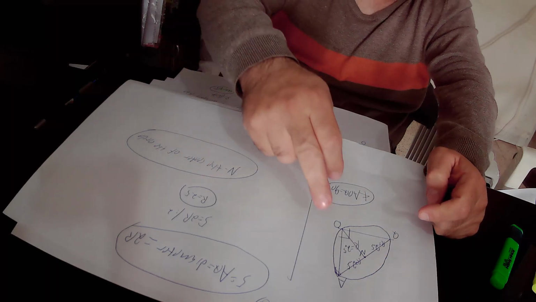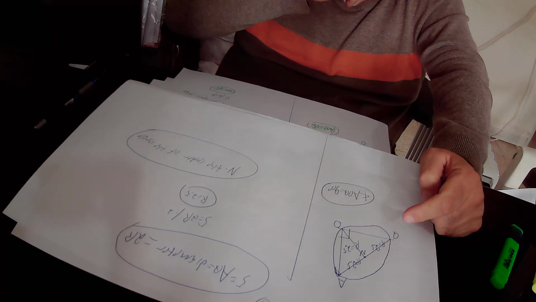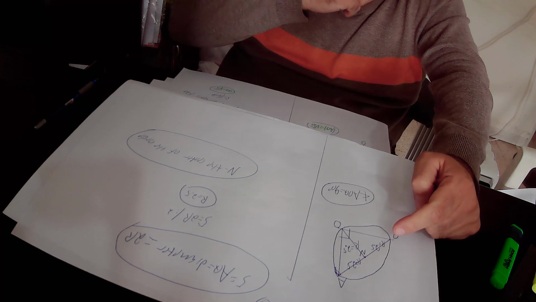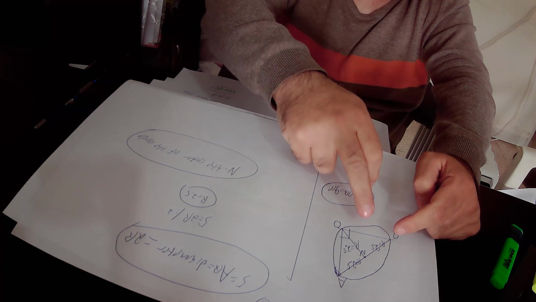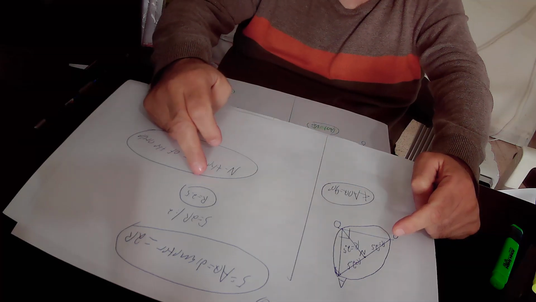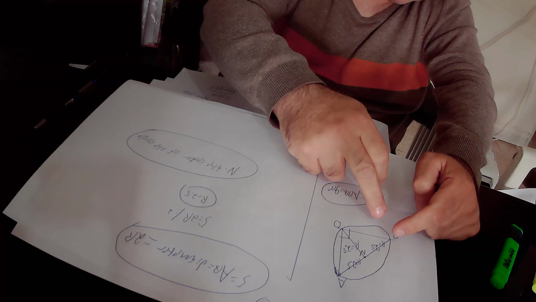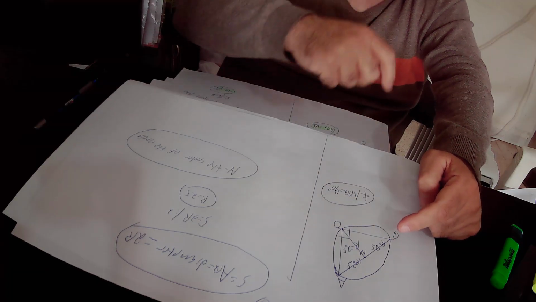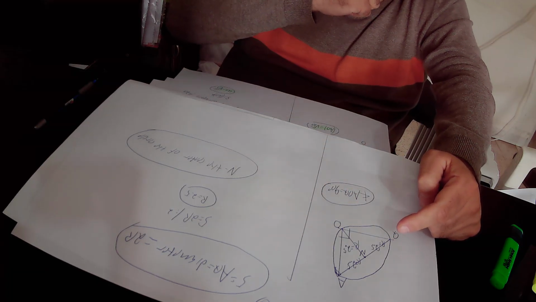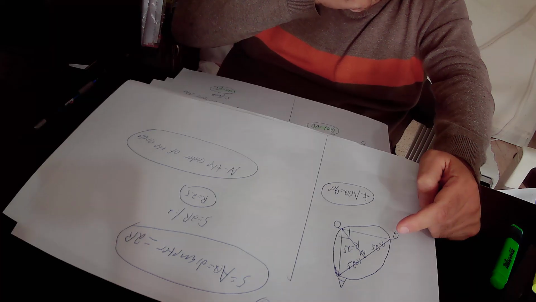Why? Because it is located on the diameter QA. Likewise, QN equals 2.5 units, the radius of the circle also equals 2.5 units, therefore QN must also be the radius of the circle because QN is located on the diameter of the circle.